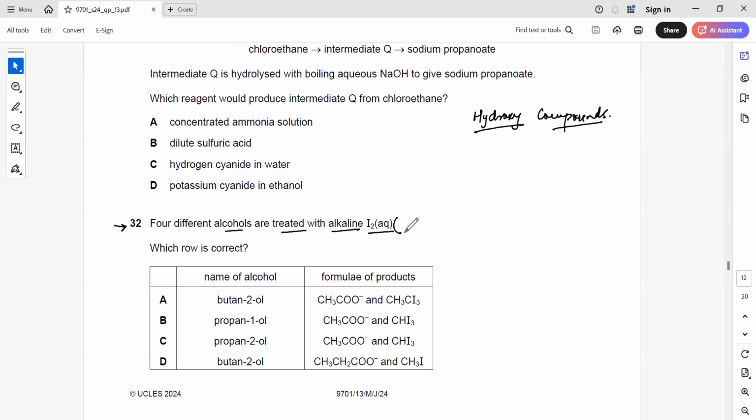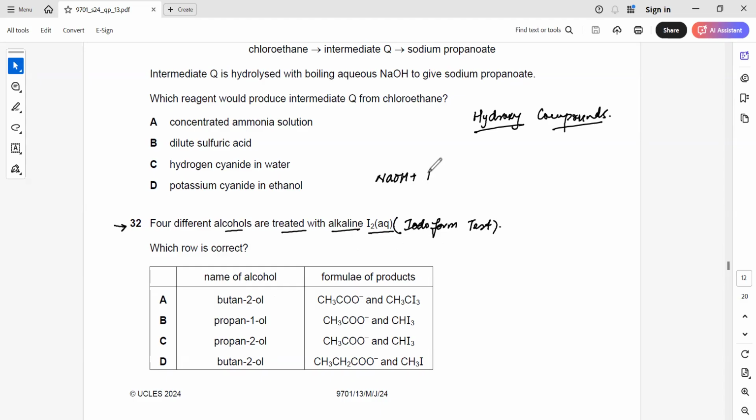Actually, this is also known as the iodoform test. Clear? So aqueous I2 and alkaline means treating these alcohols with aqueous iodine in the presence of sodium hydroxide.